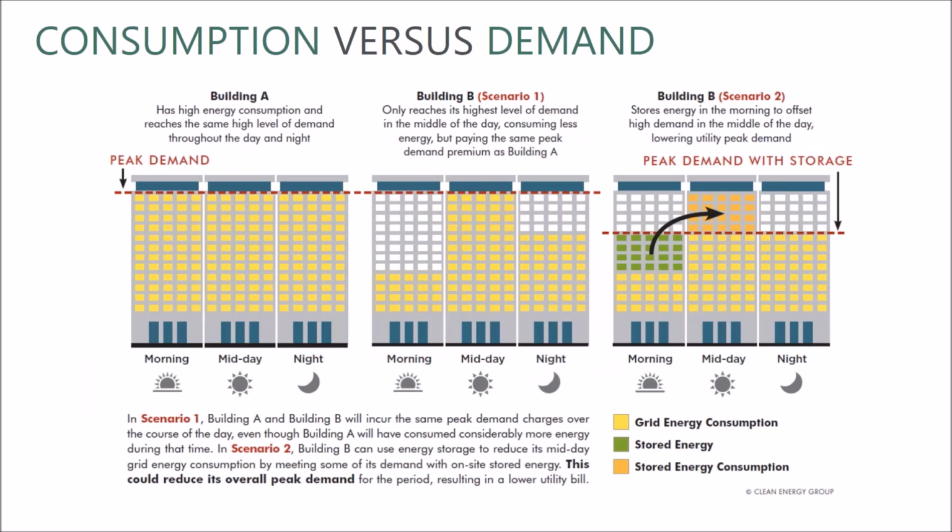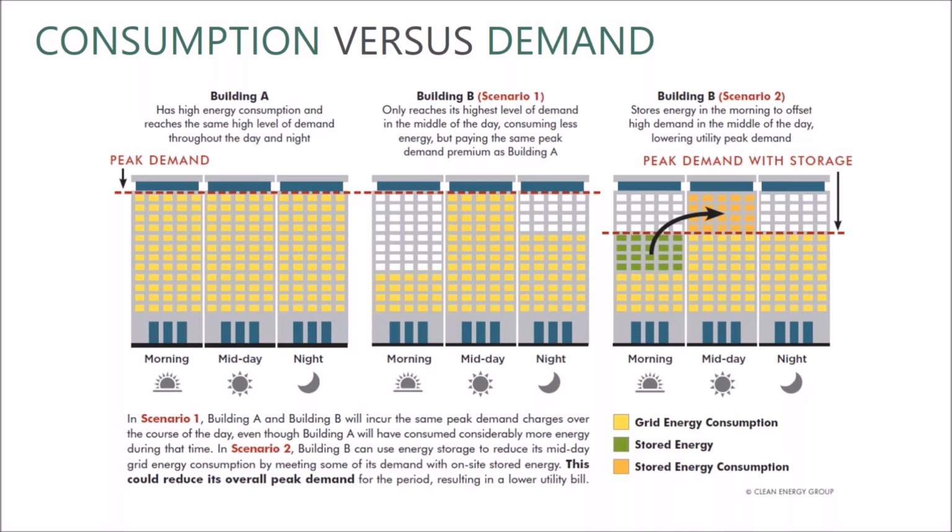This is just a graphic to quickly visualize the difference between consumption and demand. A lot of words here, you don't have to read all of that. The basic takeaway is you've got two buildings here, building A on the left, building B in the middle. In building A, you can see the lights are on all day long in every unit. They're using a lot of consumption throughout the day, and they have a high level of demand. In building B, not as many lights are on in the morning.